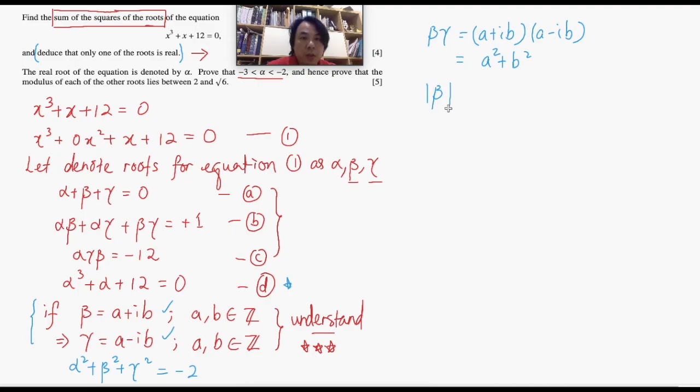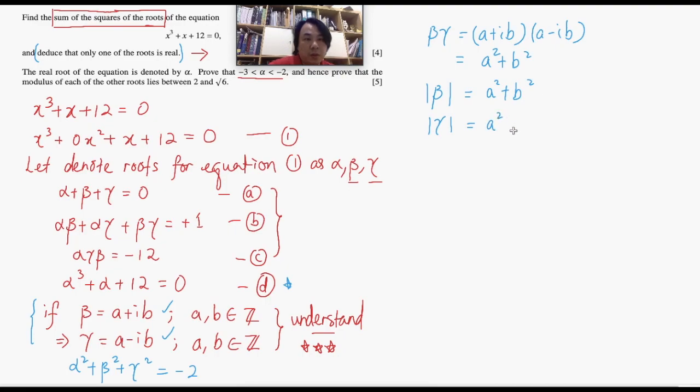The modulus or the magnitude of this complex number is this one. The magnitude of beta is the square root of a squared plus b squared, as we know. And then this magnitude is also the same as the magnitude of gamma, since they are complex conjugates to each other.